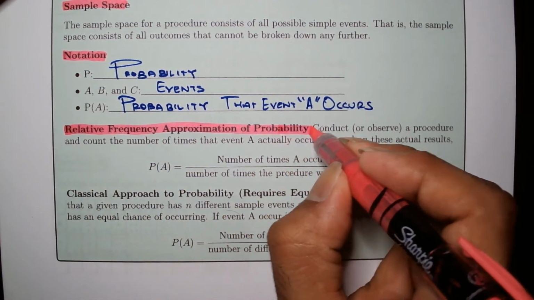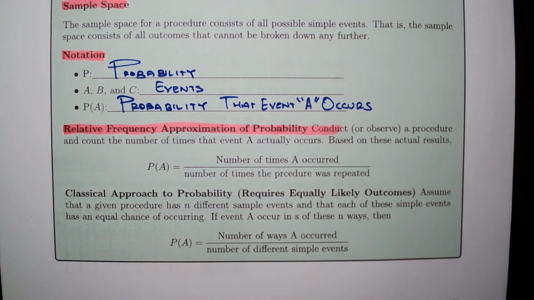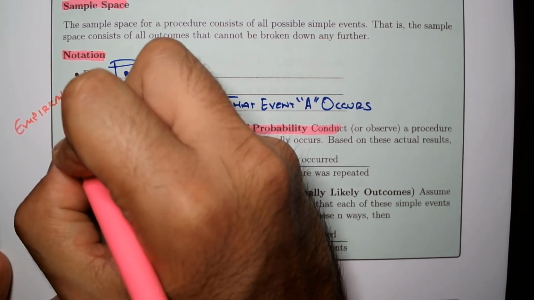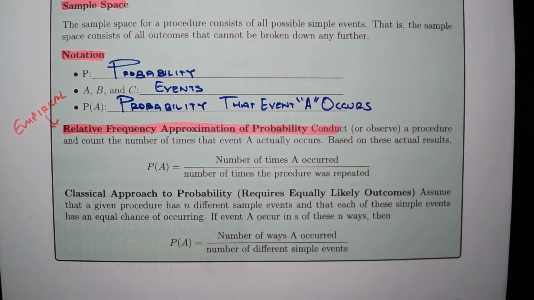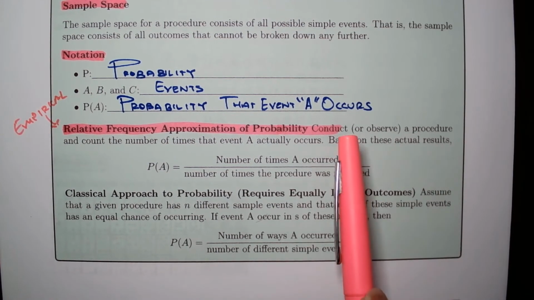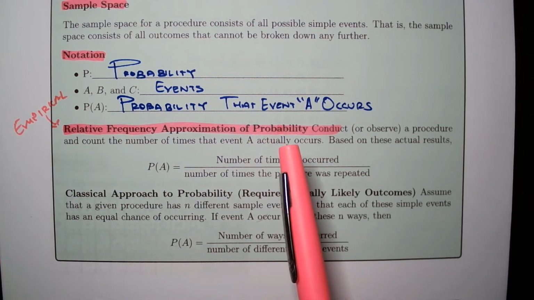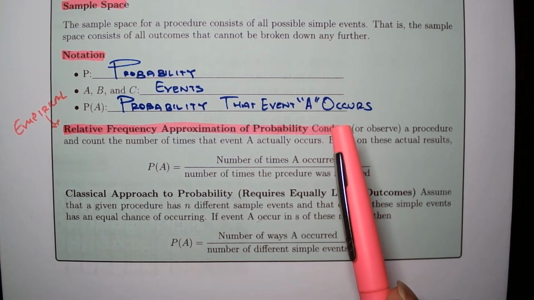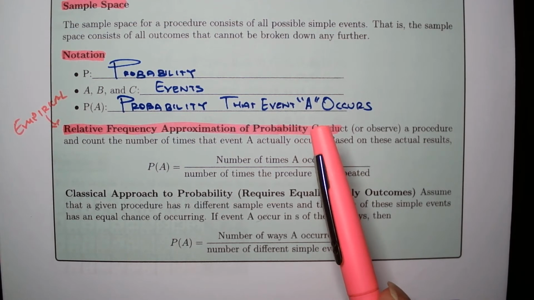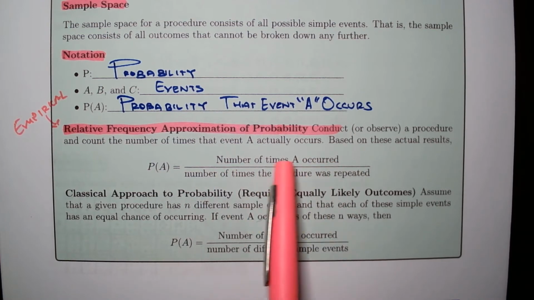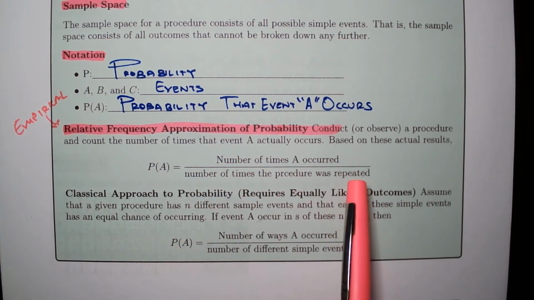Sometimes we call this the empirical approach. Why is that? In this case, what we do is conduct or observe a procedure and count the number of times that event A actually occurs based on these actual results. To calculate that, it is the number of times A occurred in our observations divided by the number of times the procedure was repeated.